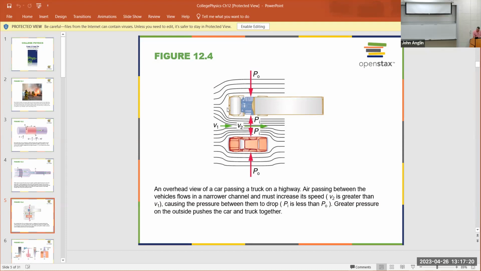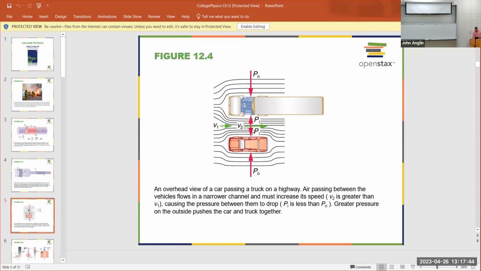We have some relative velocity that we're traveling into the wind. But look, if we get close, then we have changed the distance between the two vehicles. We've created a constriction. This gives us the Bernoulli effect again, right? This is called a Venturi. So we create a Venturi. We know that this velocity has got to increase.